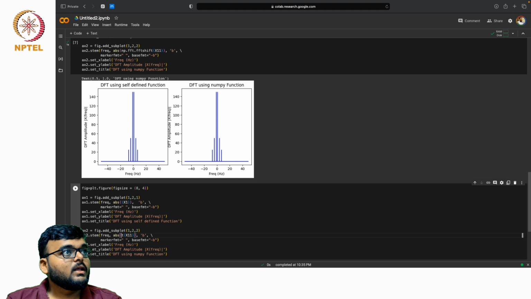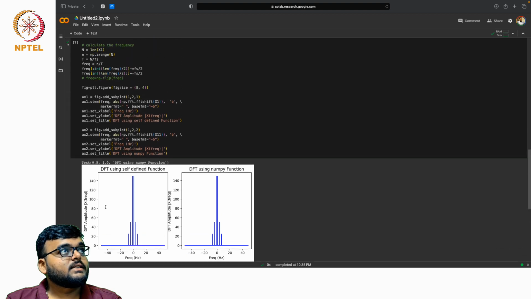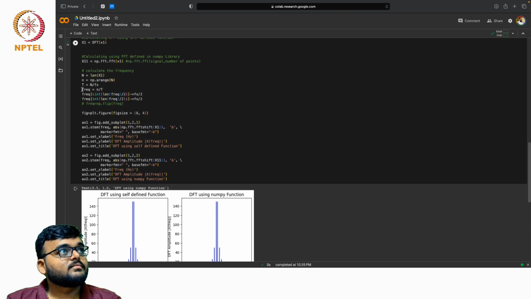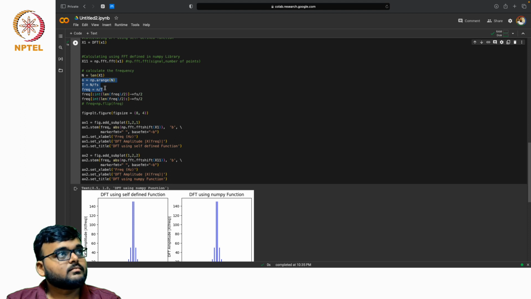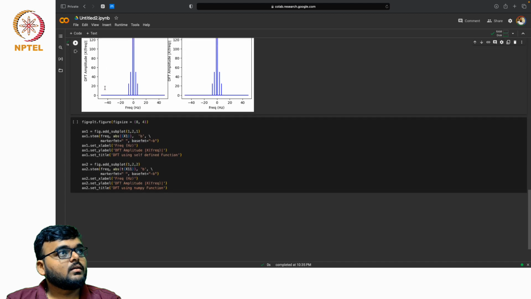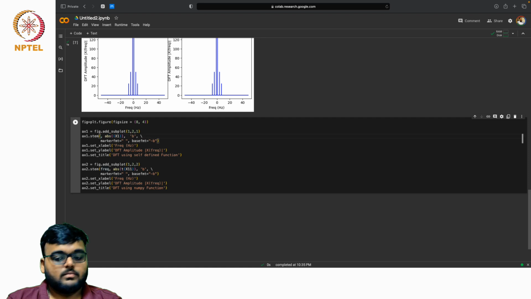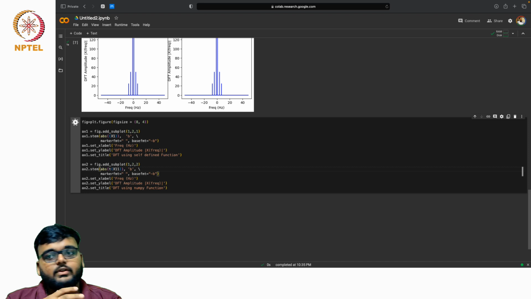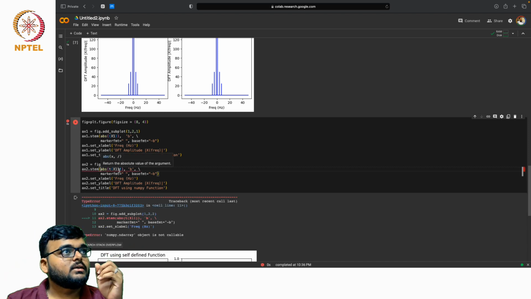Now instead of that we will just have this frequency also. So this is just the x-axis. We know that the x-axis is frequency, so we won't bother about it much.